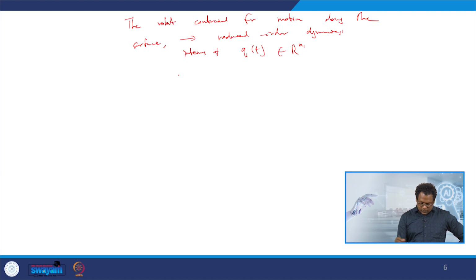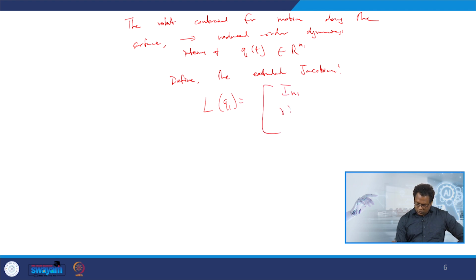Okay, so now let us define the extended Jacobian matrix that is given by L of q1 is equal to I n1 and dou gamma by dou q1.